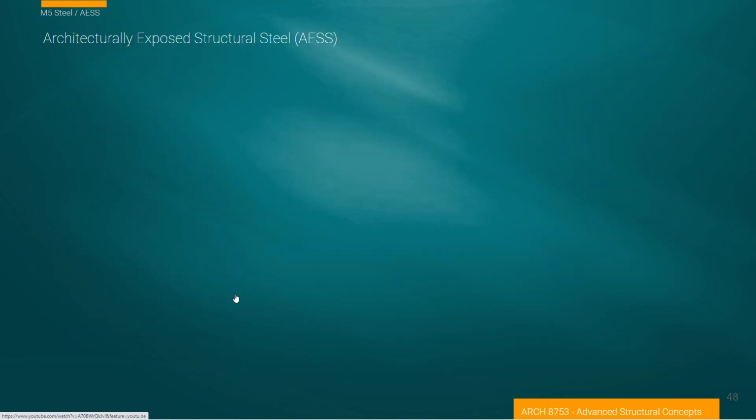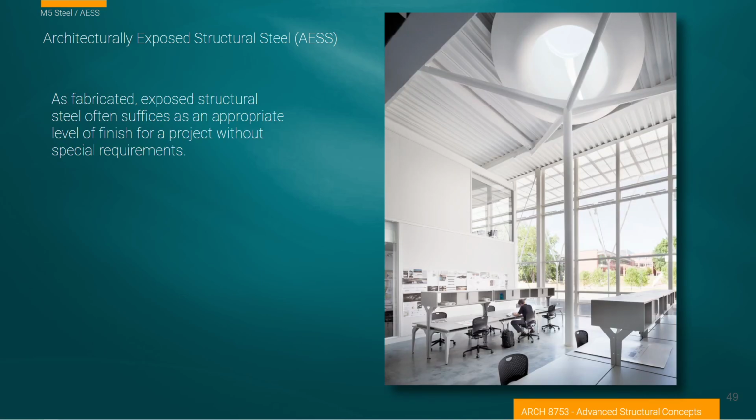So as I was leading into this idea of architecturally exposed structural steel, one of the features of the project we're working on, but also probably one of the places where we want to focus as architects, mostly in understanding the structure and the requirements of appearance. So here we have just a nice starting image.